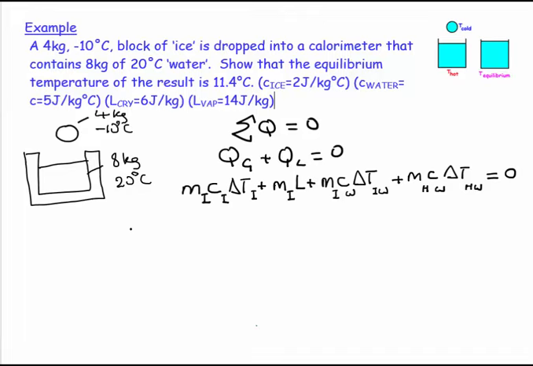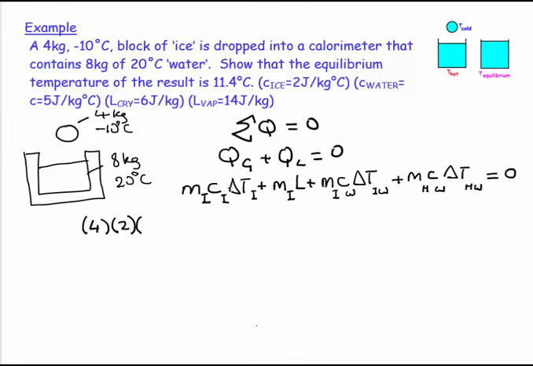So if I look at these numbers, then I have 4 kilograms of ice, and the specific heat of ice, it's not really ice, that's why it's in inverted commas. In my pretend ice, my specific heat is 2 joules per kilogram per degree C, just to make the numbers simpler. And then here's a conceptual bit.